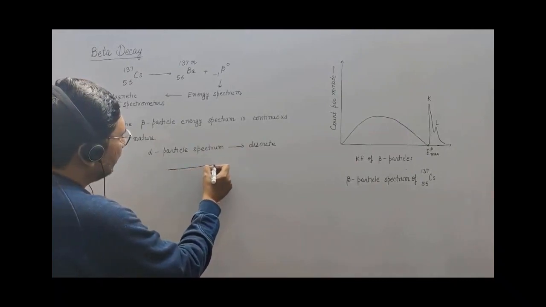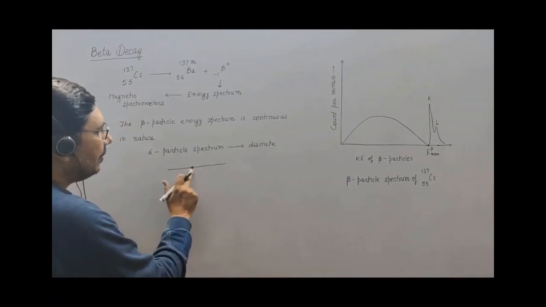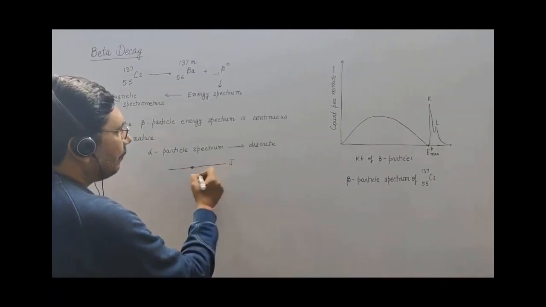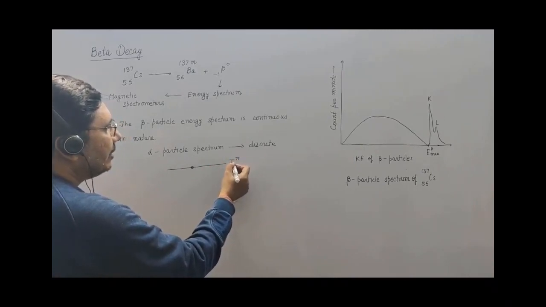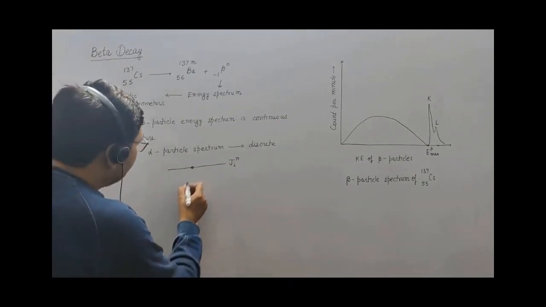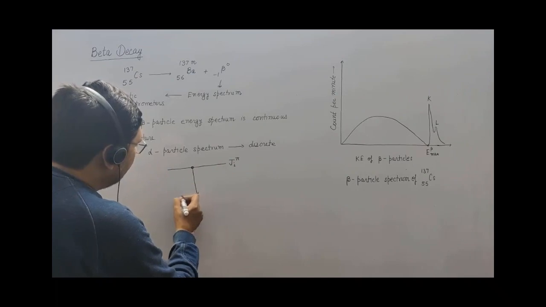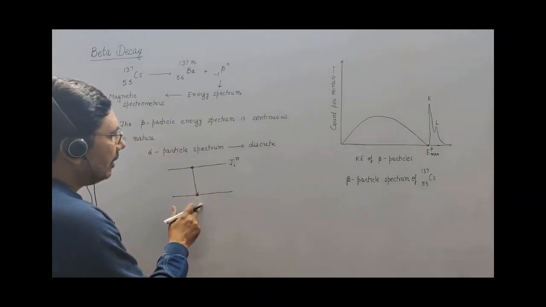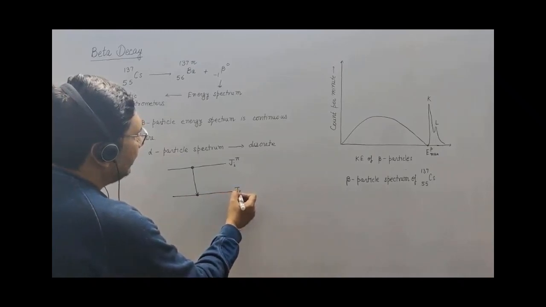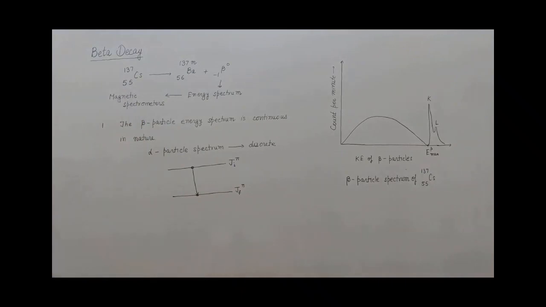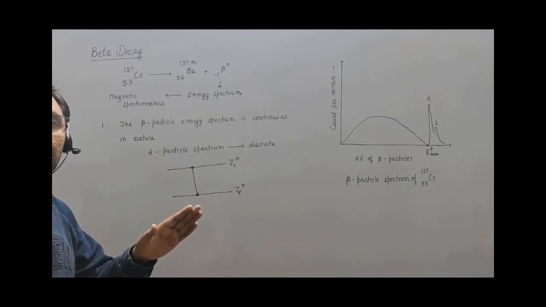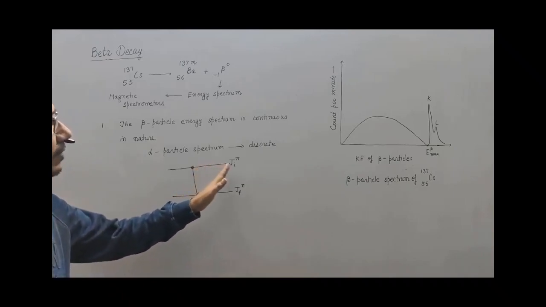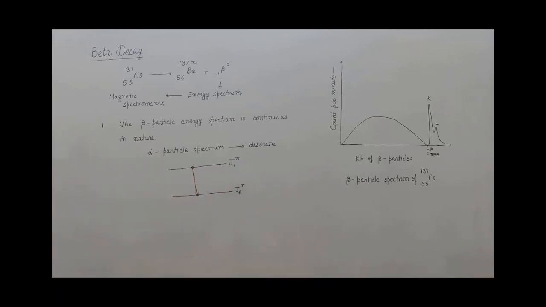How did we explain this discrete nature? We explained that the parent nucleus has definite spin and parity, and by emitting the particle it changes into a nucleus which also has definite spin and parity. That was our idea about the energy spectrum up to this point: a nucleus with definite spin and parity emits a particle and converts into another nucleus again having definite spin and parity.